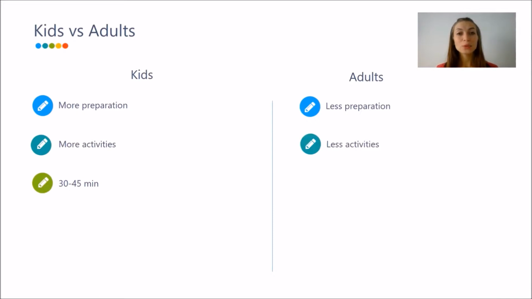So that's why we plan lessons for kids for no more than 30 to 45 minutes. And of course, teaching adults, you can do this for an hour or even an hour and a half. I know that in some courses they have a little break and even have classes 3 hours long. This is crazy, but anyway, it is possible.